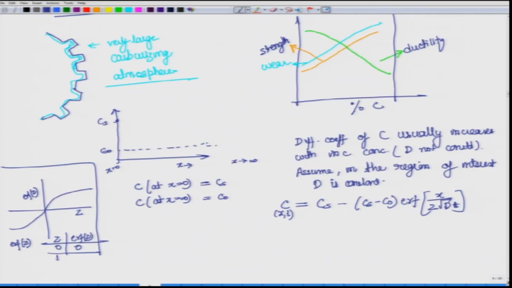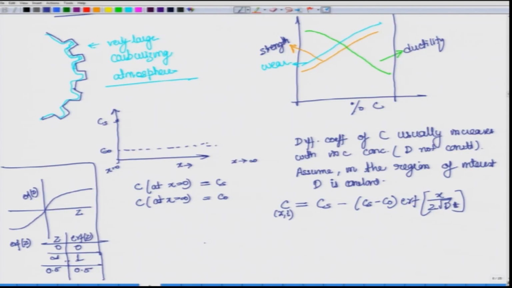For infinity, if you go to a very large value of Z, then ERF Z becomes 1. If you are talking about Z equal to 0.5, then ERF Z is about 0.5, and the same holds for negative values. ERF is nothing but a mathematical function, and you can find its values for various Z, and accordingly you would be able to get the concentration C as a function of x and t.